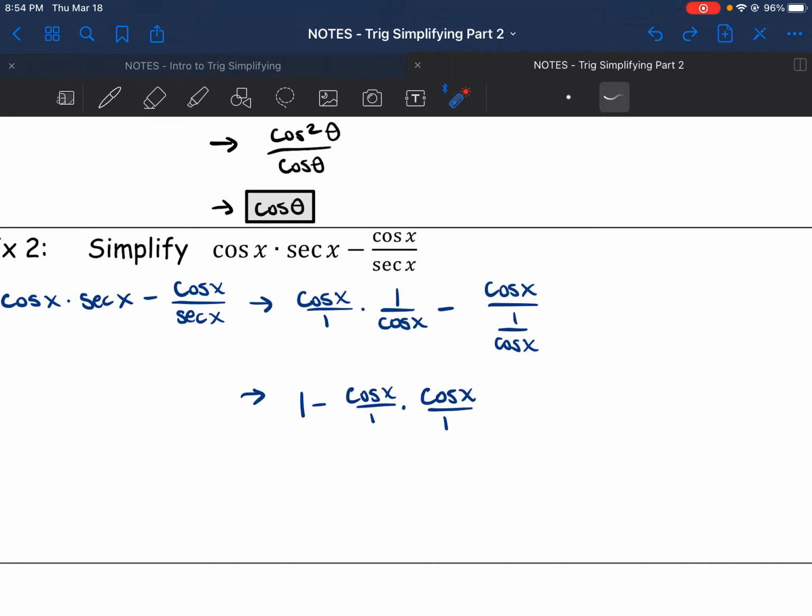And we can see here that cosine x times cosine x is going to give us cosine squared of x. So this is going to simplify to 1 minus cosine squared of x. And then, again, especially the fact that we have the squared here hints to us that we're going to use a Pythagorean identity.